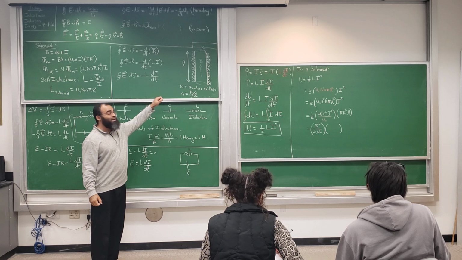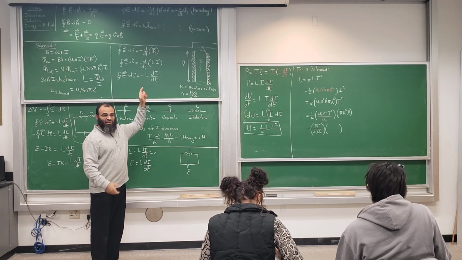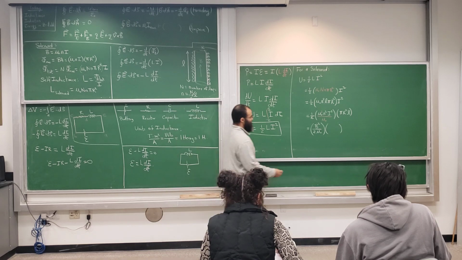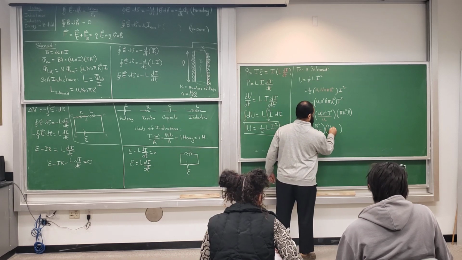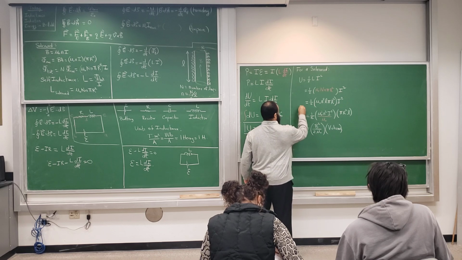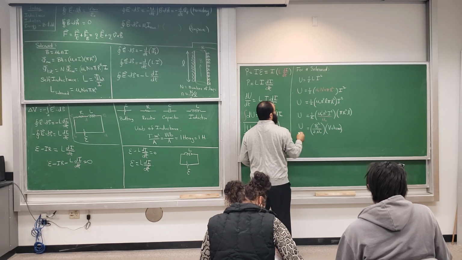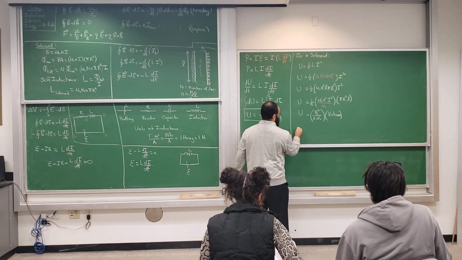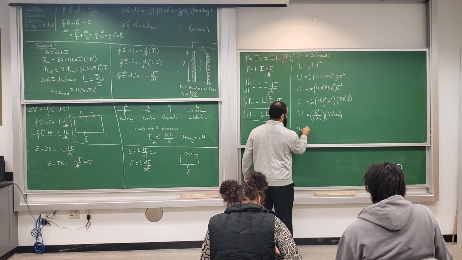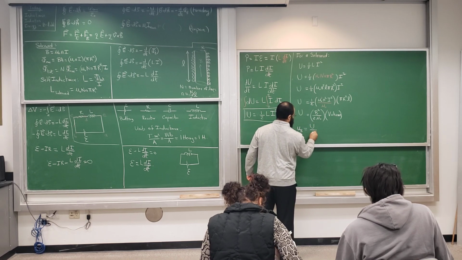The volume is cross-sectional area times height. So let's define u_B. It's the energy density. It will be the total energy divided by the volume.